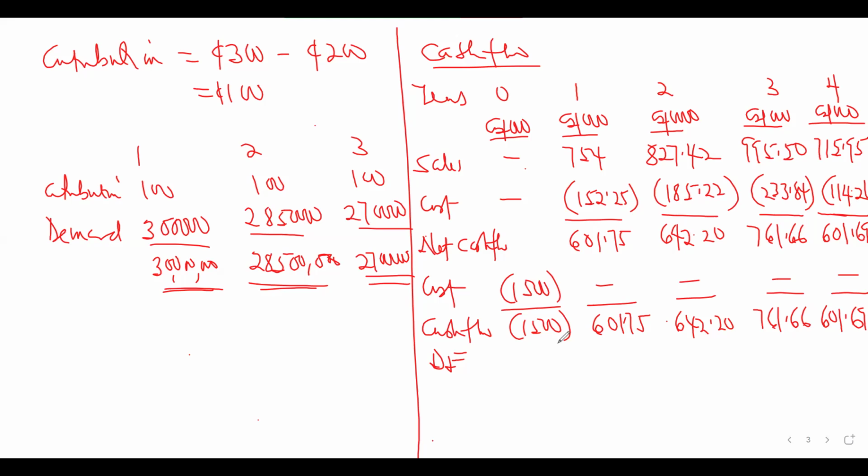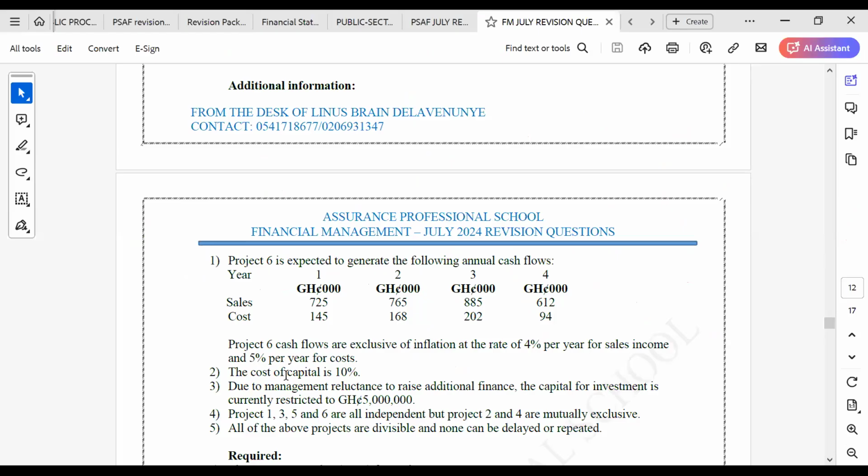So with that one, everything is okay, at least from my end, so someone can also confirm. So the discount factor of the company is 10%. There is no other cost the company has to incur.